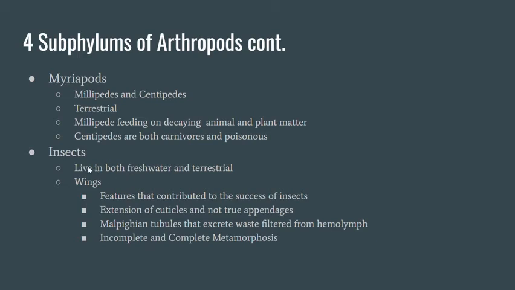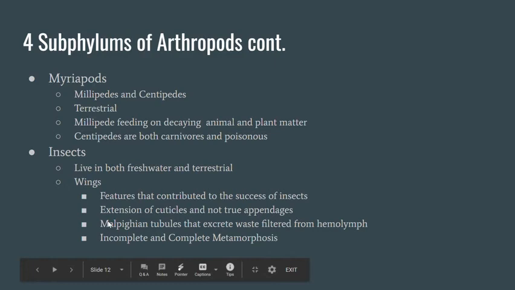They live in both freshwater as well as terrestrial environments. They have wings, and this is a key feature that contributes to the success of insects. Wings are an extension of the cuticle, so it isn't considered a true appendage.